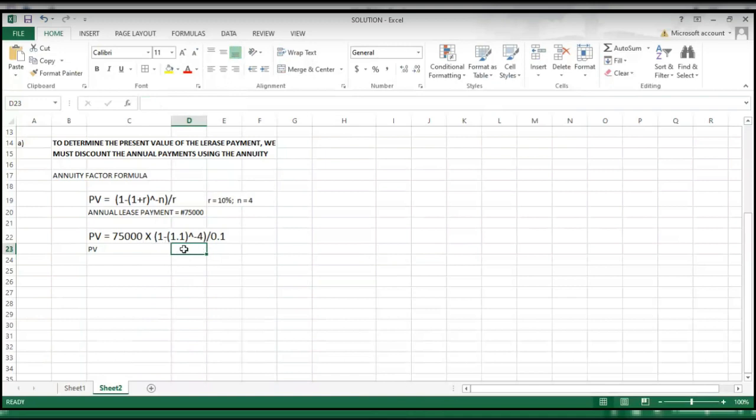You can also do it at your end. We have 75,000 times, then I open the bracket, 1 minus, I open another bracket, 1.1. I close the bracket, and I say raised to power minus 4. I close the bracket, and I say all divided by 0.1. That's exactly what we are to do, and I'll close the bracket as well.